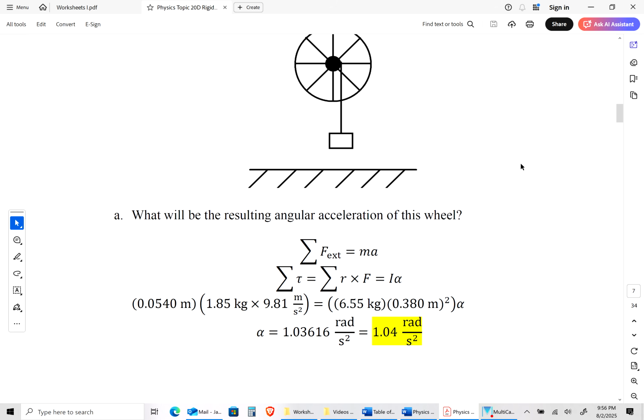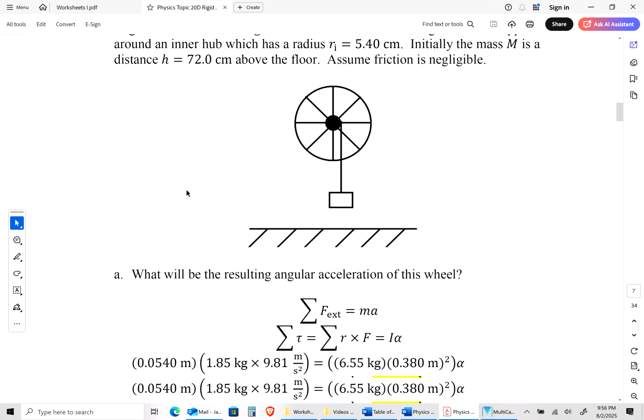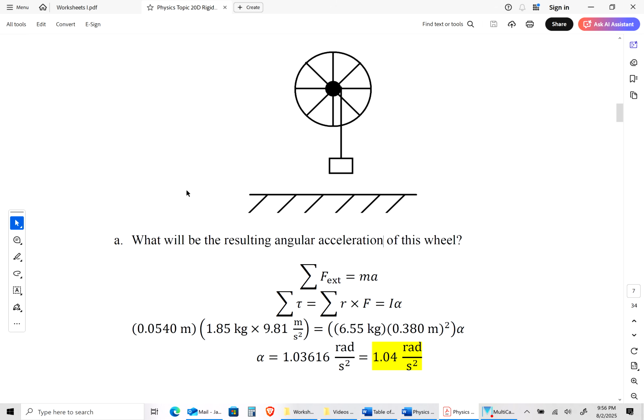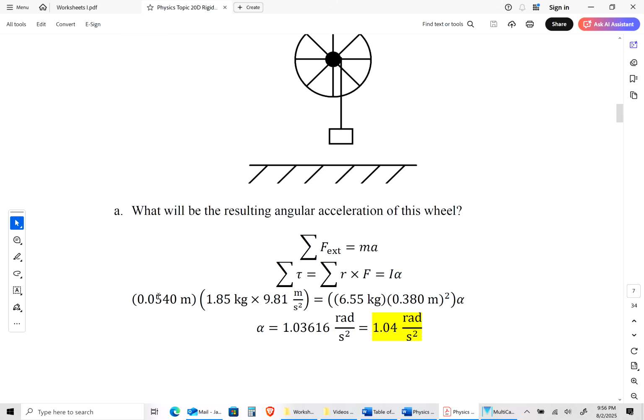So we know I. This is mg here. Sorry. This is RF. Okay. 0.0540 is R. And F is the force of gravity, which is 1.85 kilograms times 9.81.